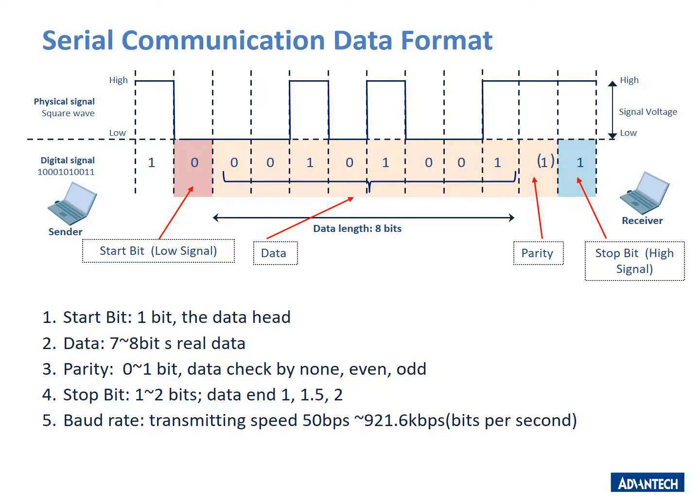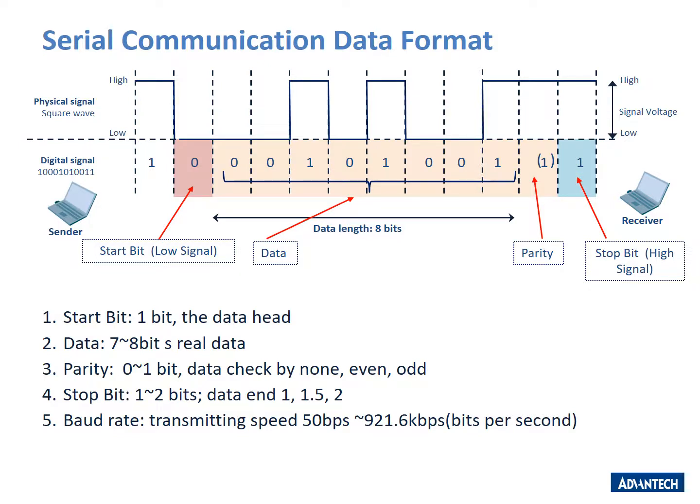Normally the serial packet in serial communication is composed of 9 to 12 bits. In serial communication, both the sender and the receiver must have the same data format setting for a successful communication. The basic format should include: the start bit, which is the first bit to inform the receiver when the packet starts. Then the receiver can start to decipher the packet.